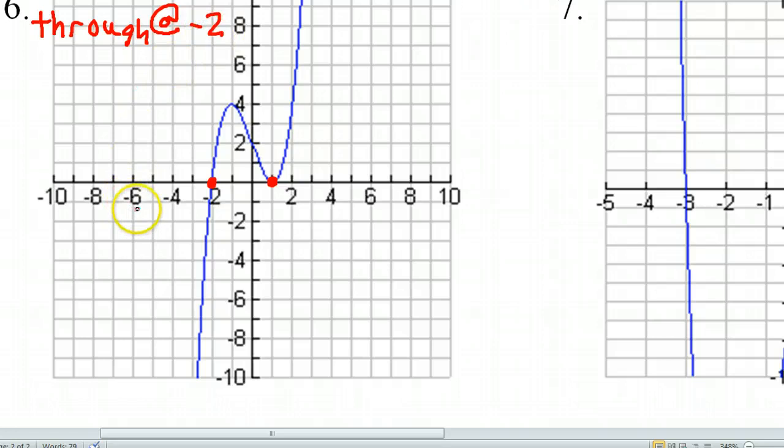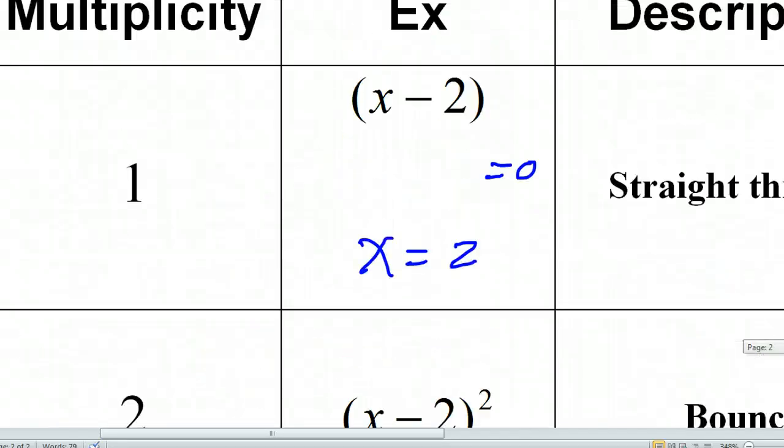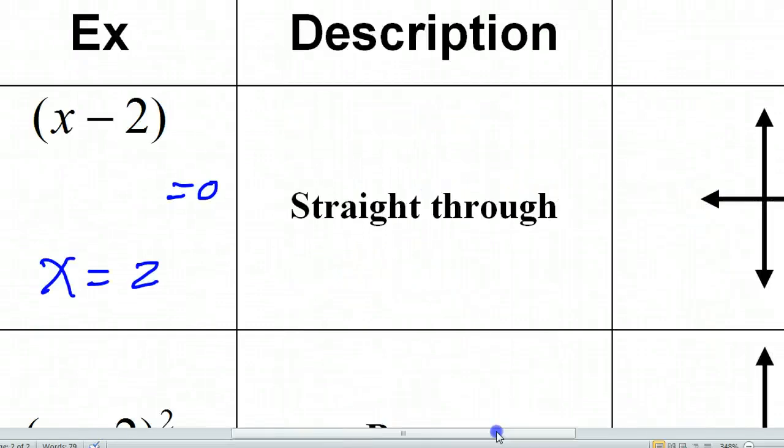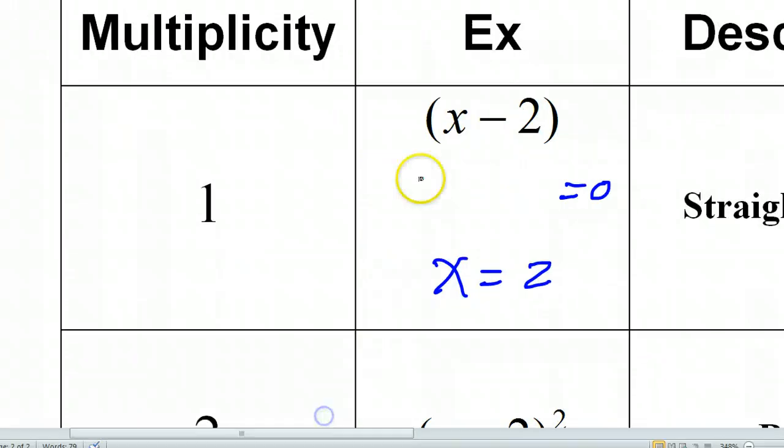Because it passes straight through, is that a single, a double, or triple? Look at that chart. Look where it says it goes straight through. Find it on the chart. What does it say? 1. When it goes straight through, that's a multiplicity 1.